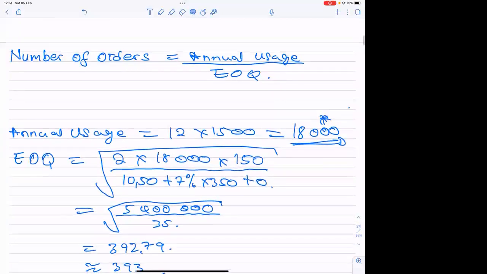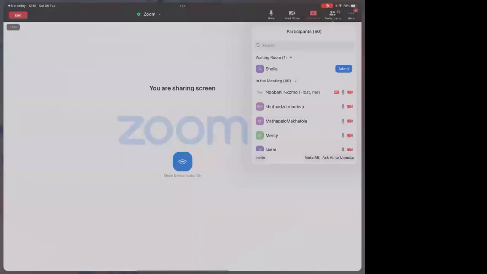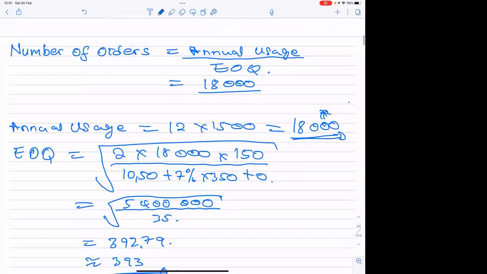We now have everything. We have our annual usage, which is 18,000, and our EOQ is 393. So 18,000 divided by 393 will give us 45.8, which is approximately 46 orders.